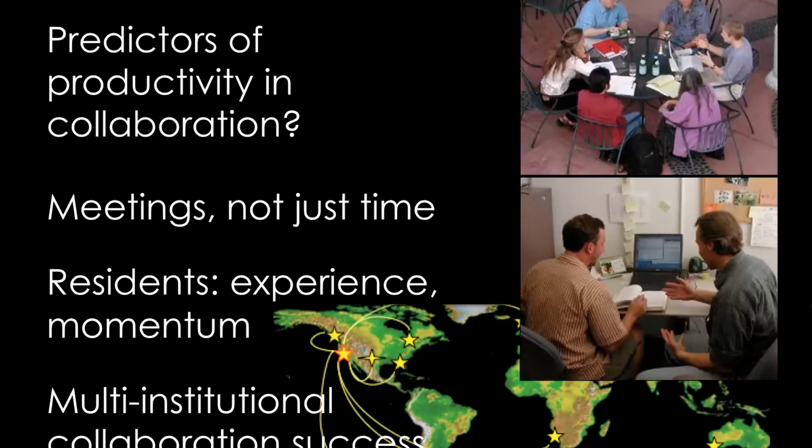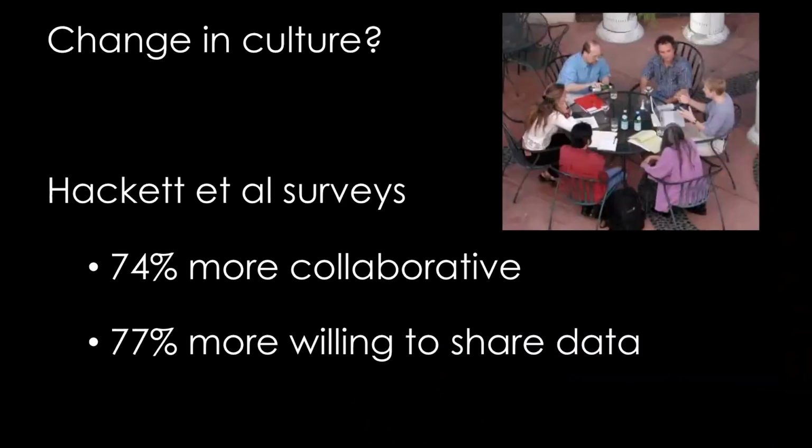And so what we found at NCEAS is that if we want multi-institutional collaboration, the synthesis centers have a recipe that works. So he convinced me that that is indeed an exciting result.